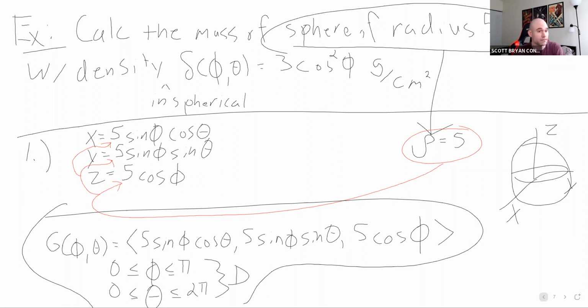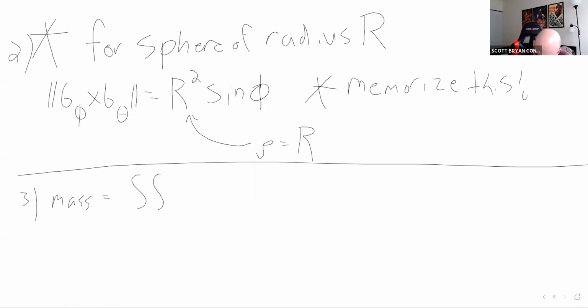So that's the thing we're integrating. 3 cos squared phi is our density after we've replaced x, y, and z with the parameterizations. And phi goes from 0 to pi, theta from 0 to 2 pi. Not mass, that's the density.